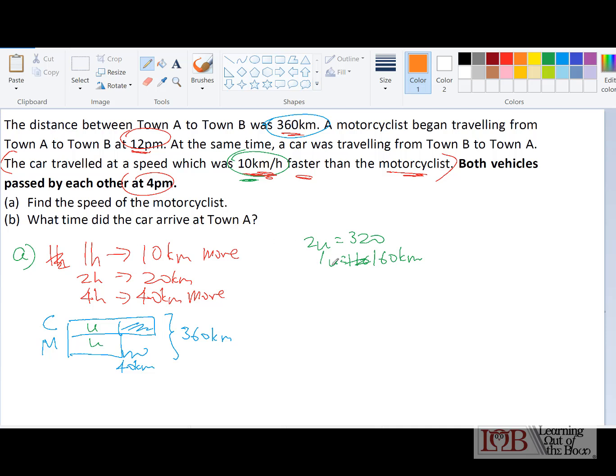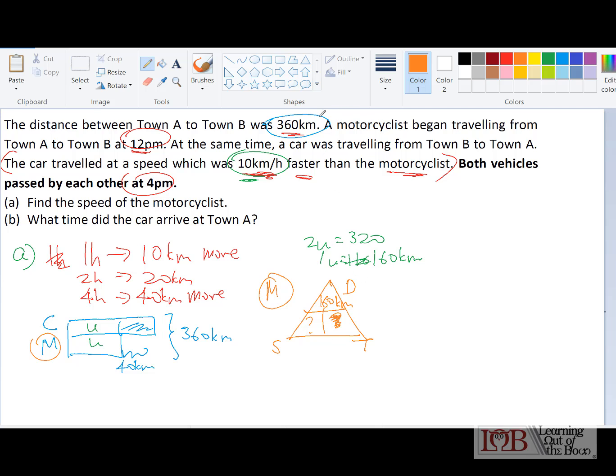Alright, so with this, let's see with a DST triangle of the motorcyclist. Okay, so this is DST, and then I need to find the speed, right? So distance-wise, I have 160 km. So next, you know that you need to find this one. So what can we do?